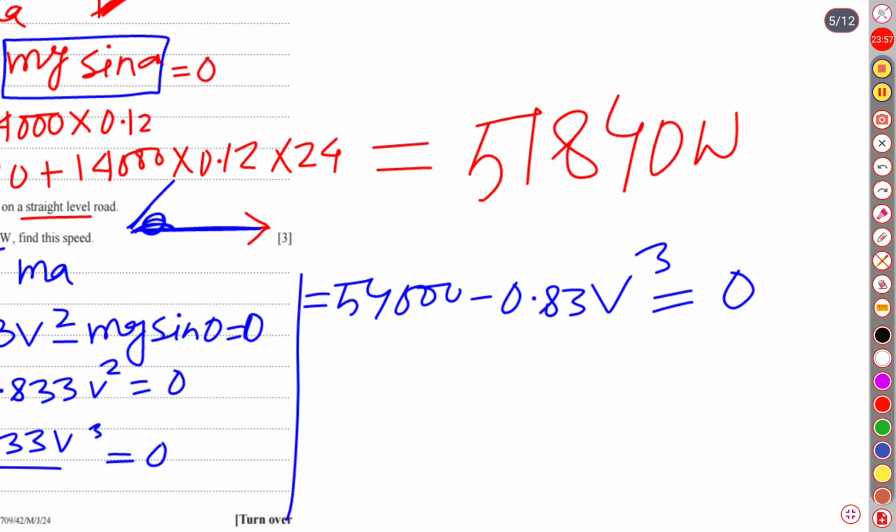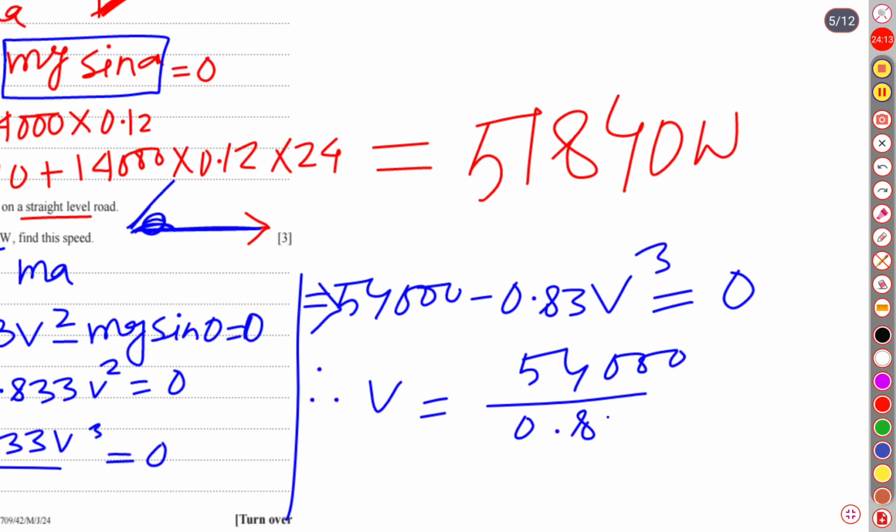Well, if we isolate v, then v is going to be 54,000 over 0.833, and if the cube is transposed to the other side, it is going to be the cubic root, raised to 1 over 3.